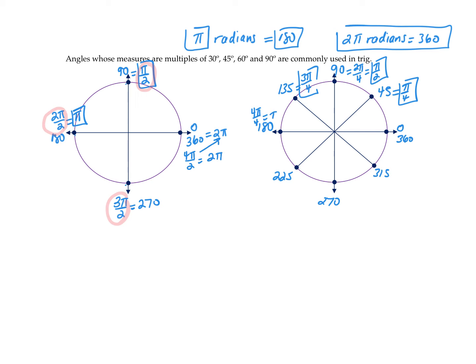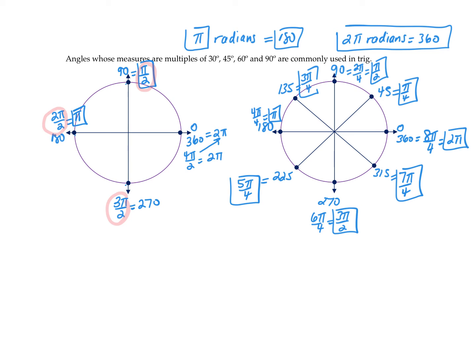That reduces to pi. 225 is equal to 5 pi over 4. 270 would be 6 pi over 4, which reduces to 3 pi over 2, so we reduce where we can. 315 would be 7 pi over 4. And 360 would be 8 pi over 4, and we know that as 2 pi. So you're adding pi over 4 every single time.